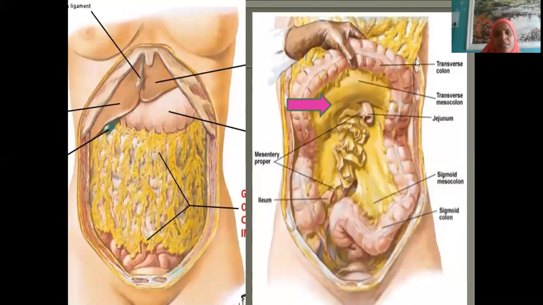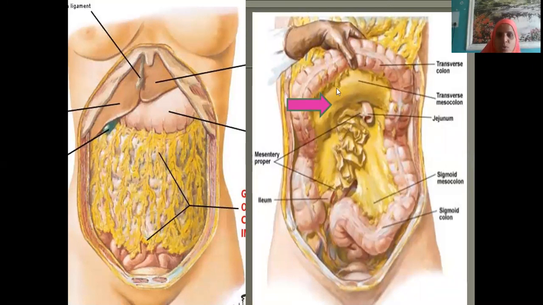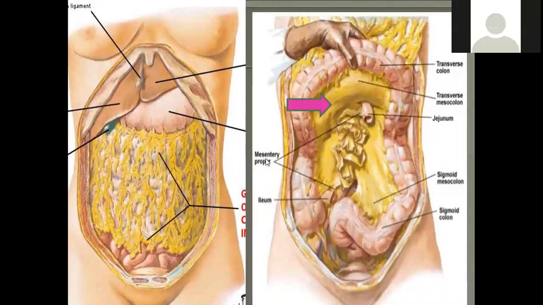This is our transverse colon where it is becoming continuous, fourth layer. Now it is continuing over the transverse colon to form what? Transverse mesocolon. Transverse mesocolon continues to cover the small intestines to form what? What is the small intestine covering of peritoneum called? Mesentery. Very good, mesentery.